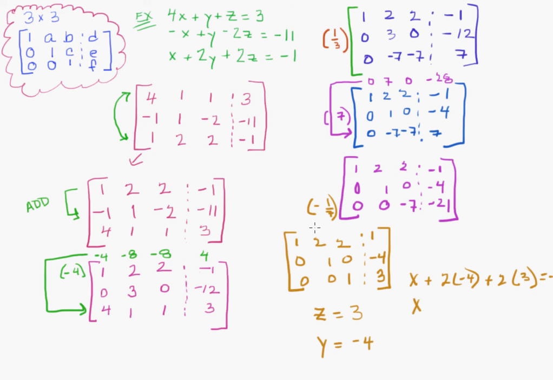And we get x, this is negative 8, and 6, which is negative 2, is 1. So x is, that's a negative 1. So x is 1. So your final solution is 1, 3, negative 4.